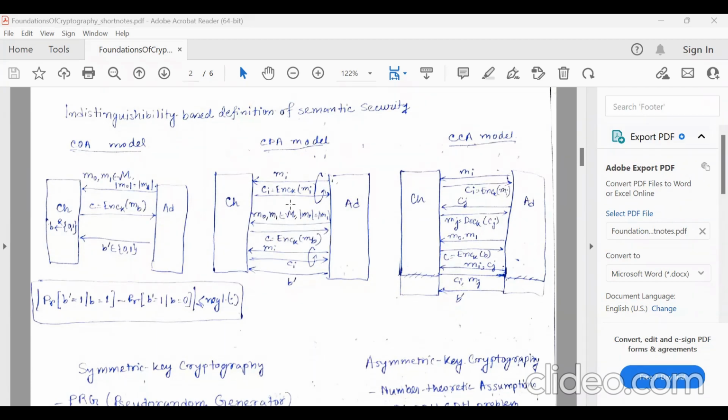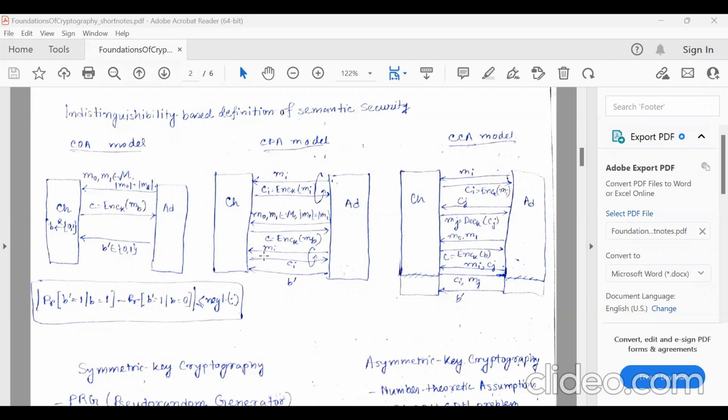That is the challenge phase, right? So the challenger is challenging the adversary: tell me which encryption you are seeing. That is the challenge. But before the challenge, the adversary is allowed to access the encryption oracle, and after the challenge also, in the post-challenge query phase, the adversary is able to access the encryption oracle in case of the CPA model.